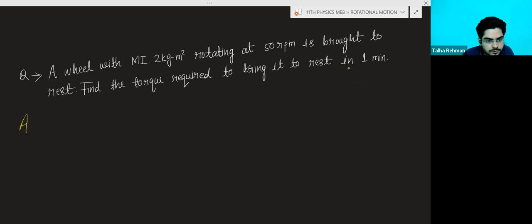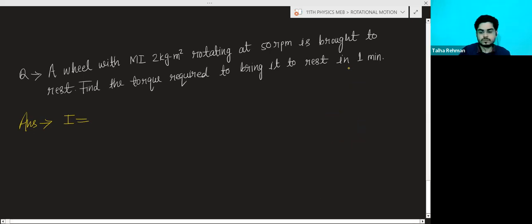Okay, so see this question now. What is given? Moment of inertia is given. This is a wheel, suppose.